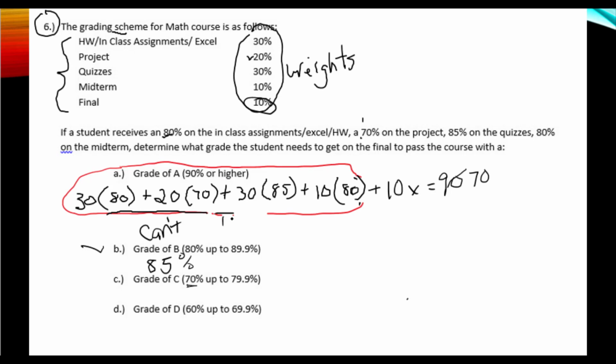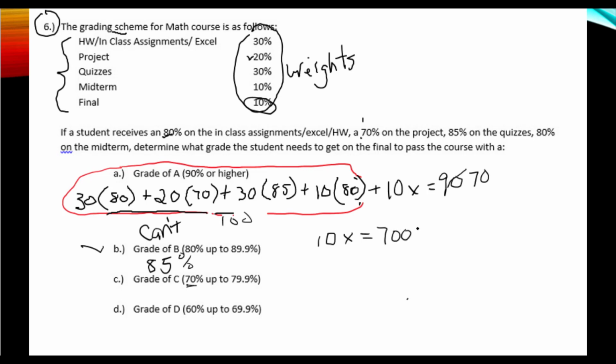That's all over 100. So we know that all of this is 7150. So let's just do, we have our 10 times what do we need on our final equals, and that's going to be 7,000 because I'm multiplying both sides by 100.